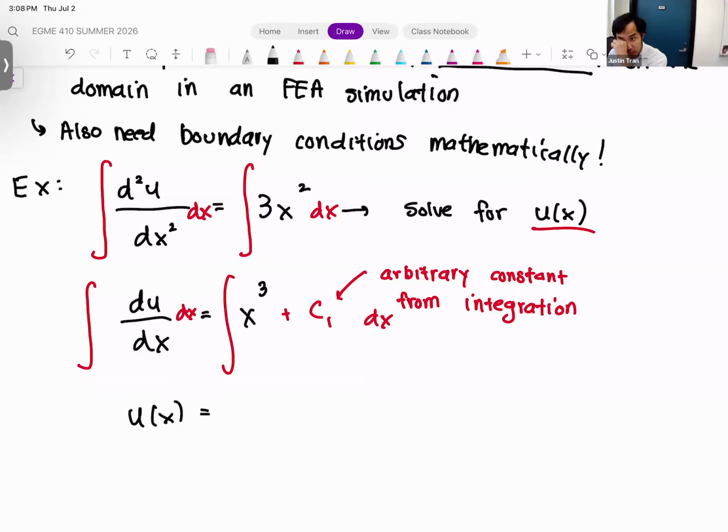The integral of x cubed with respect to x is 1/4 x to the 4th. We take the integral of our constant C1, we get C1 times x. And since we're doing an indefinite integral, we need to add a second arbitrary constant, so we have another C2.